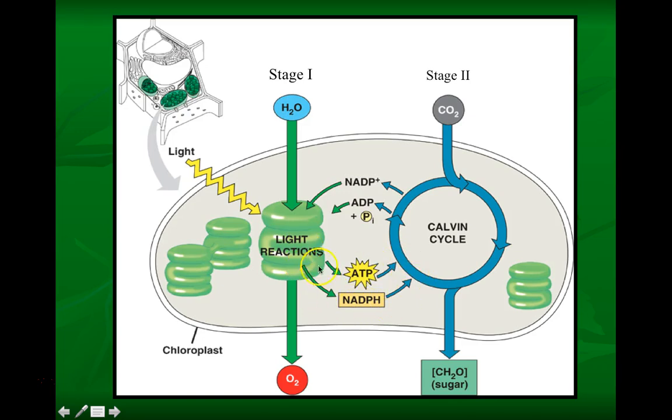Okay, so we're leaving the thylakoid, we're going into the stroma, which is our stage 2, the Calvin cycle. Here we have carbon dioxide from the atmosphere coming in. We have our stored ATP, our stored NADPH, okay? We have the energy from the ATP and the NADPH breaking the bonds between the carbon and the oxygen.